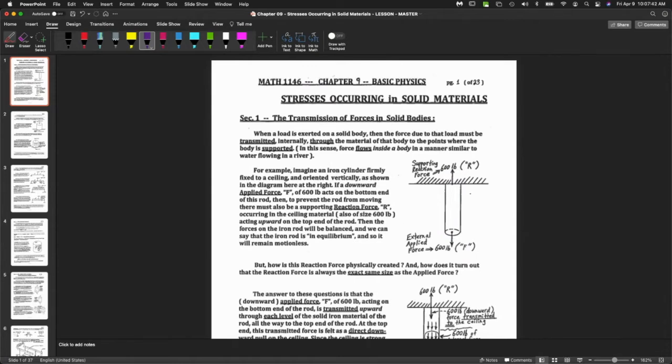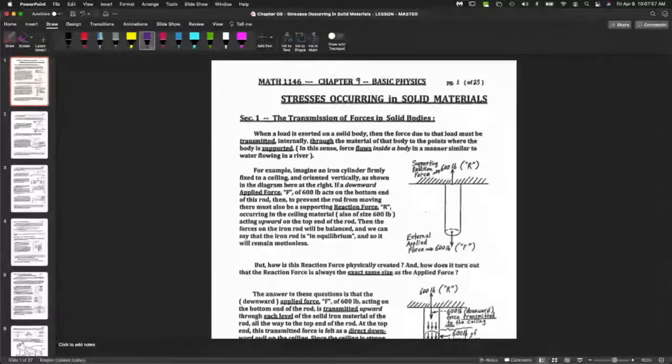So the document here, it spends about 10 pages in very, very clear detail, walking you through step by step how the forces are transmitted through the object, through the material.